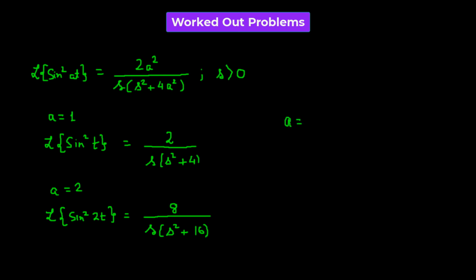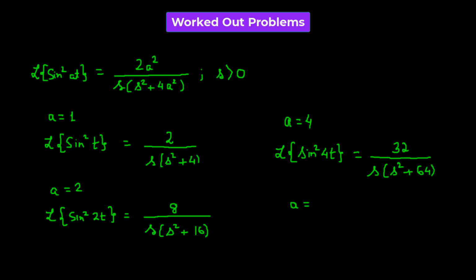And if we consider a to be equal to 4, then we have the Laplace transform of sine squared 4t. So that will be equal to 2 times 4 squared. 4 squared is 16, so 2 times 16 will be 32, divided by s times s squared plus 4 times 4 squared, so that will be 64.